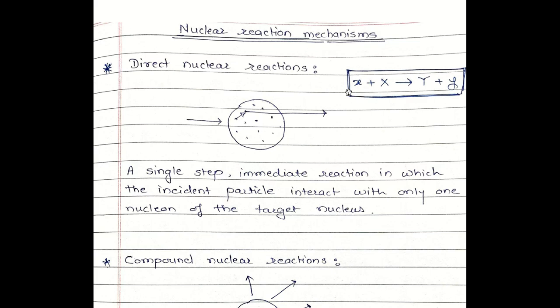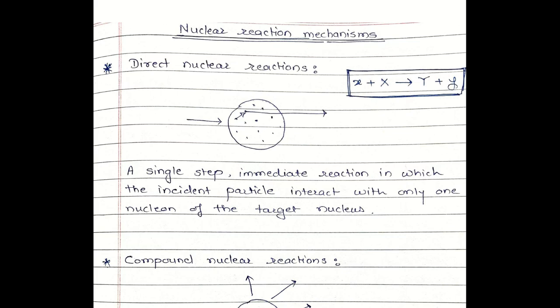In any nuclear reaction like this, a lighter particle, the projectile particle, hits the target nucleus X. Some nuclear reaction will take place between these two reactants, and as a result we will get a heavier nucleus, which we call the product nucleus, along with a lighter product particle, right?